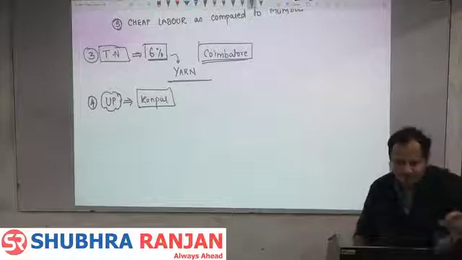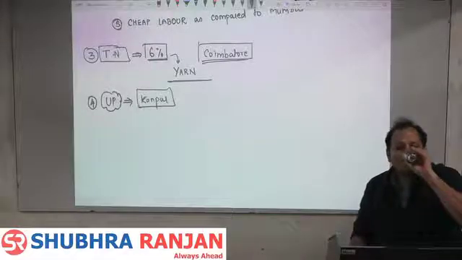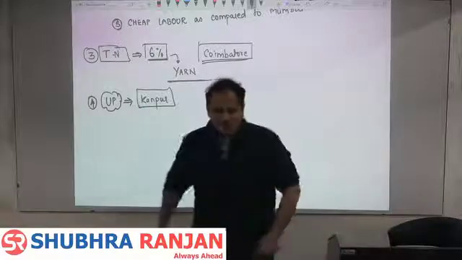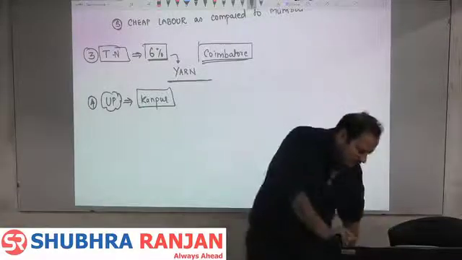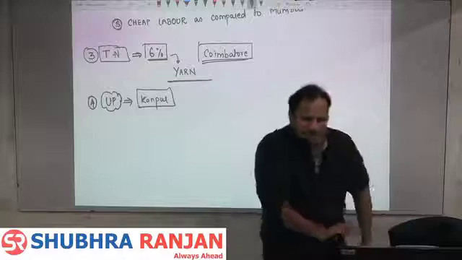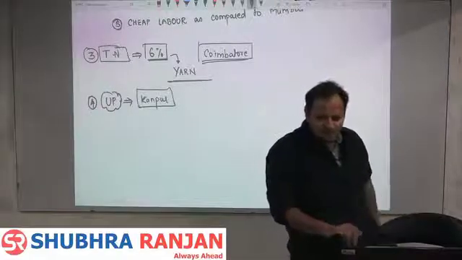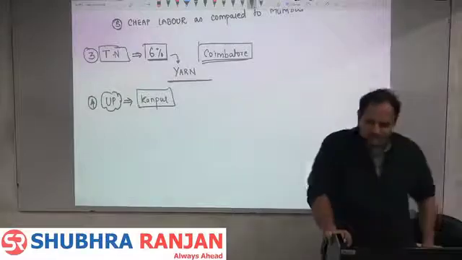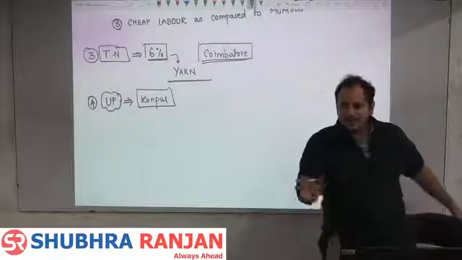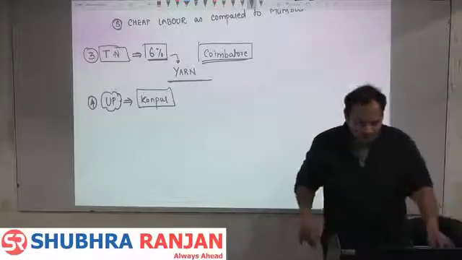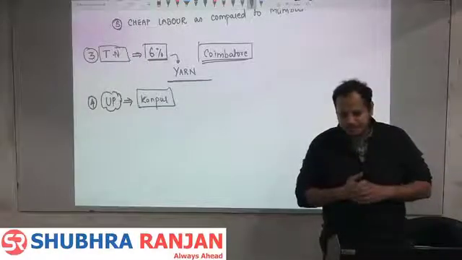Now nothing is left. I guess 6 mills are running in Kanpur right now, at minor level. The major mills are all closed. That is why the power loom sector has dominated in India. Mills have closed.